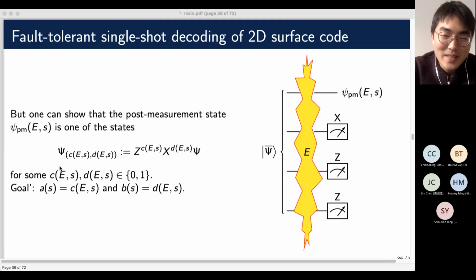But one can show that the post-measurement state, psi PM, is always one of the states psi, Z psi, X psi, or ZX psi.